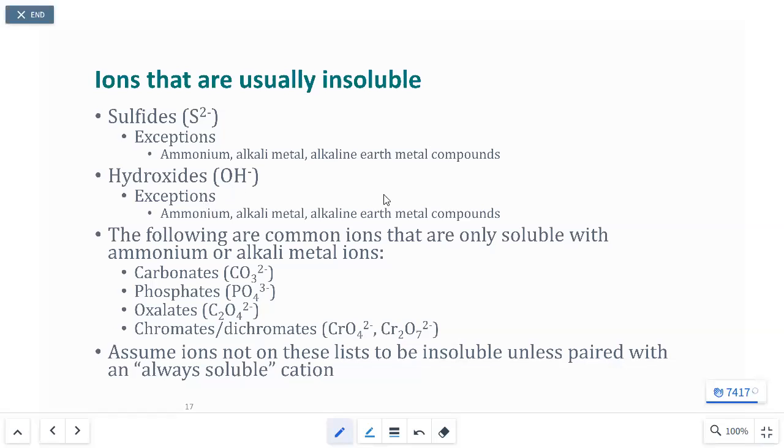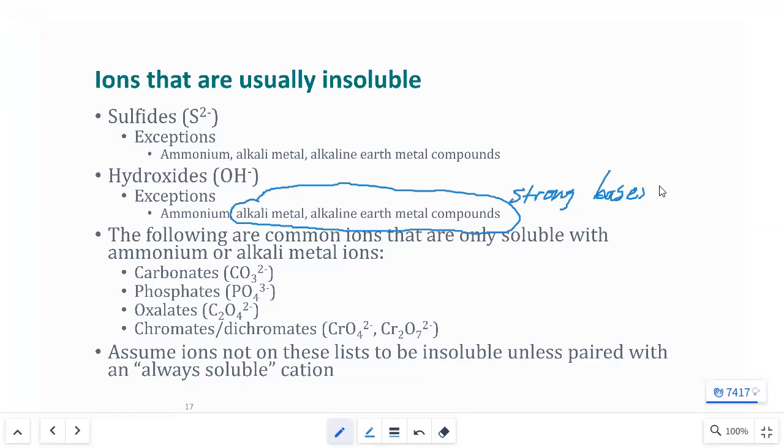Exceptions there are exactly the same, which work really, really well in this case because we know our strong bases are derived from alkali metals, from alkaline earth metals. And so if we couldn't get those solids to dissolve in the first place, there's no way we could call them strong bases.